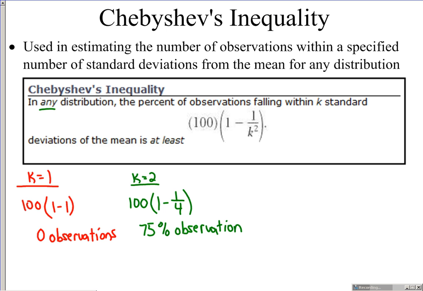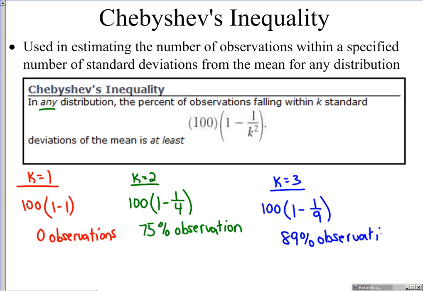Let's go out one more. 3 standard deviations. Well, in 3 standard deviations, we're going to have 100 times 1 minus 1/9, which tells us that there are at least 89% of the observations within 3 standard deviations of the mean in any distribution.